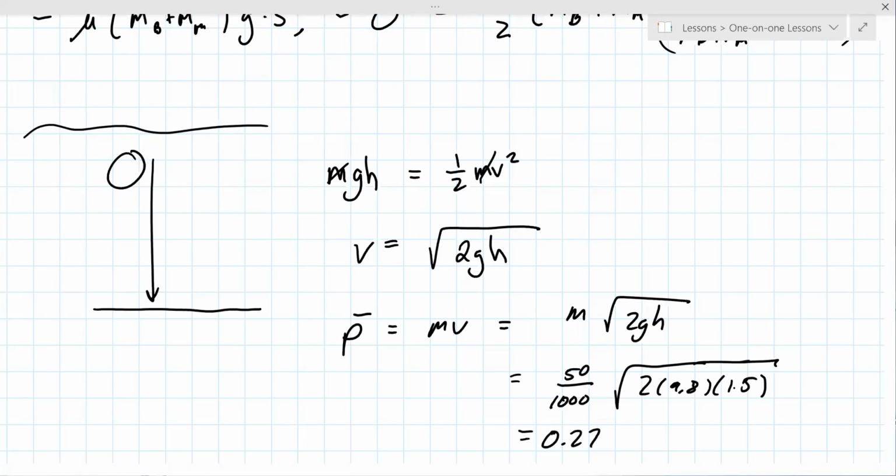So I get that. I really should check this question before we go much further. It says your answer implies that the momentum is directed upward.